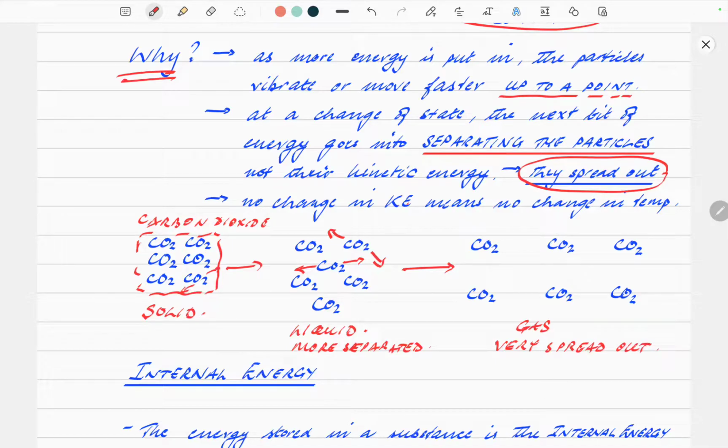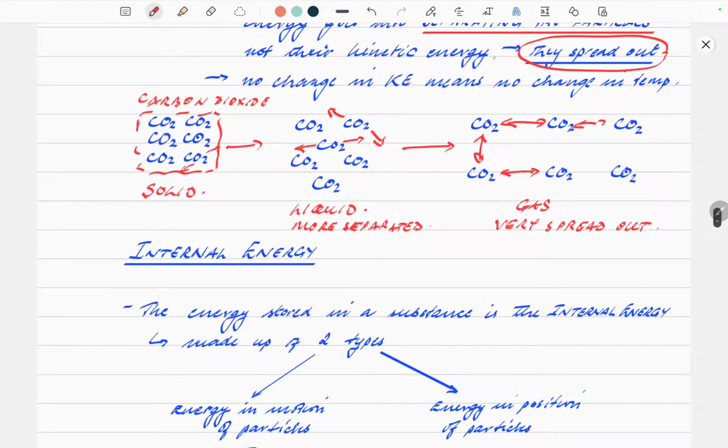And so some of the energy goes into increasing their movement, and some of the energy goes into spreading them out. So as you can see, they are very far apart as far as considering it compared to solids and gases, liquids, my apologies. Right, etc.